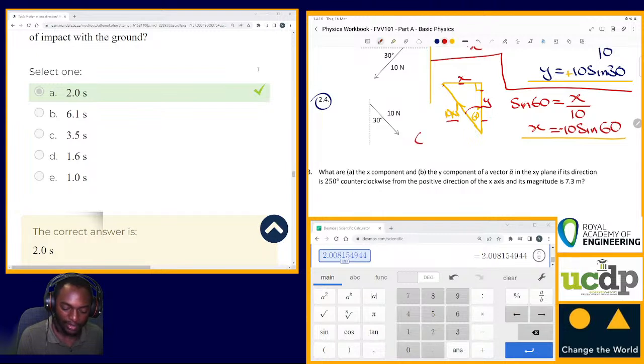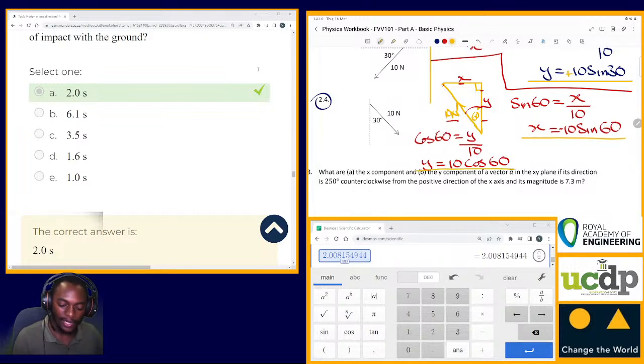So cos 60 equals the adjacent, which is y, over the hypotenuse, which is 10. So our y is going to be equal to 10 cos 60, and it's still positive.